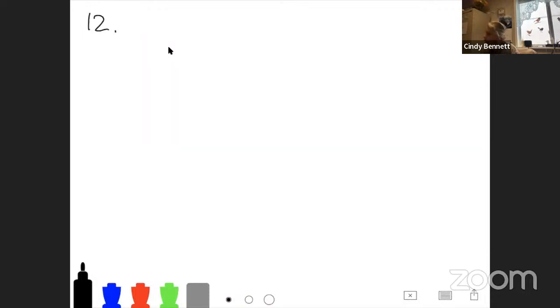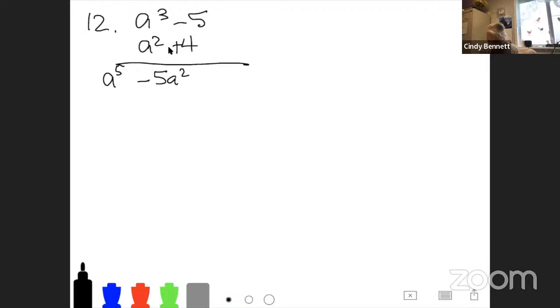Number 12. We have a cubed minus 5 times a squared plus 4. So we are going to do a to the 5th power minus 5a squared. Then we're going to go to the second row, 4a cubed.